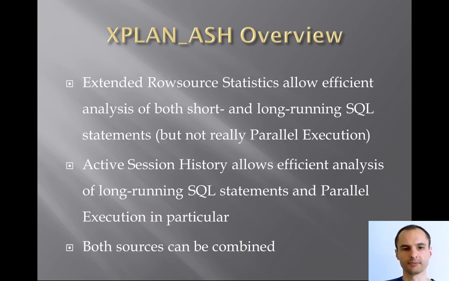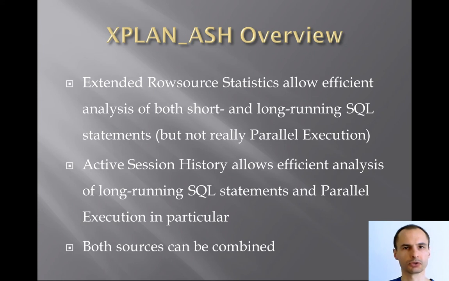Right. Why does Explain-Ash use these two sources in particular? Their scope is a bit different, and these row source statistics can also be useful for troubleshooting statements that do not take that long to execute, because they do a very granular analysis of what is happening.